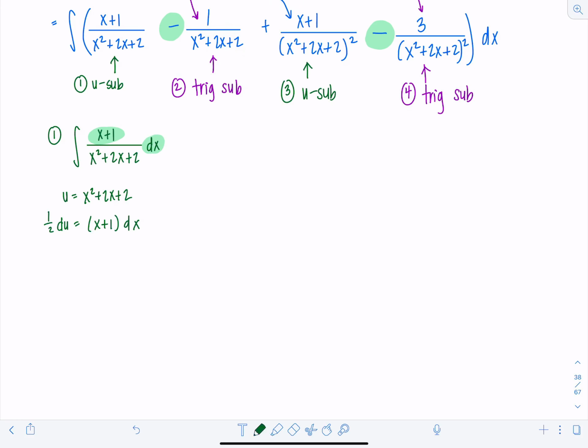So we're going to take that 1/2 outside, integral du over u, and this is going to be 1/2 natural log absolute value x squared plus 2x plus 2 plus, you guessed it, C1.